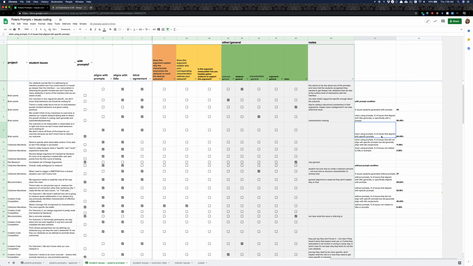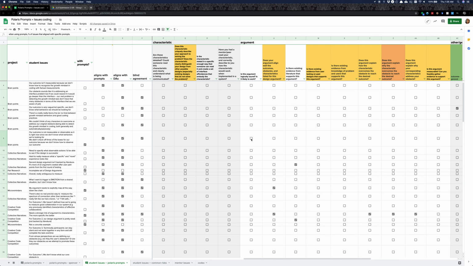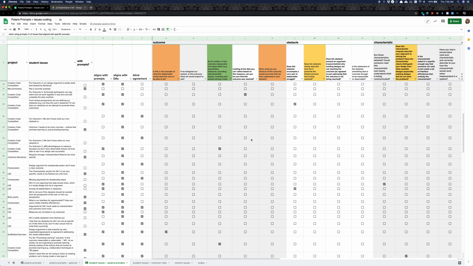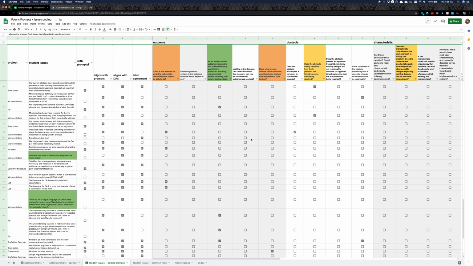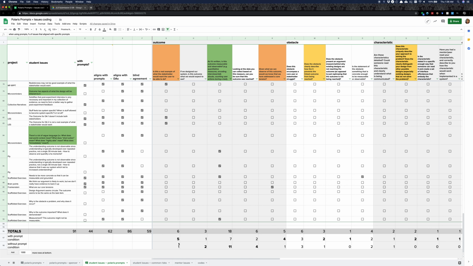I then went and looked into the details of the issues themselves. I was curious about which prompts in particular were really helpful for students catching issues that they didn't tend to catch without prompts, and vice versa.